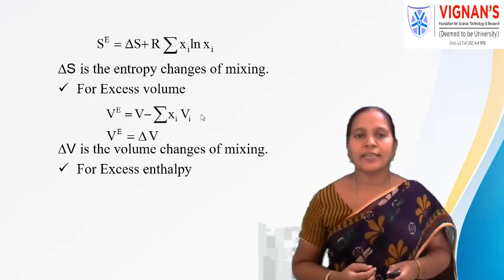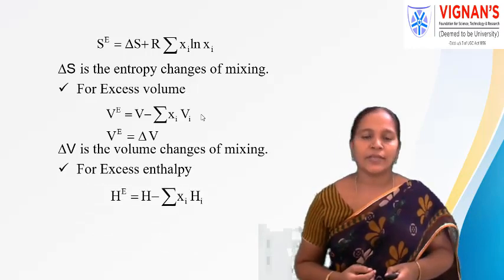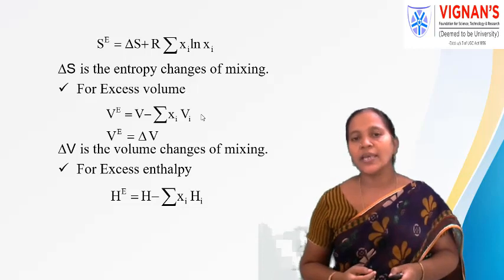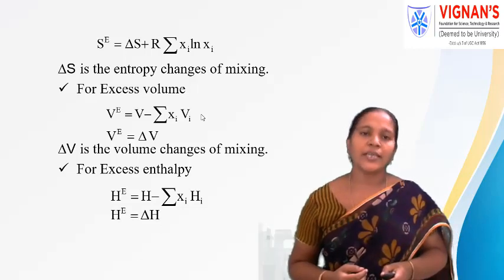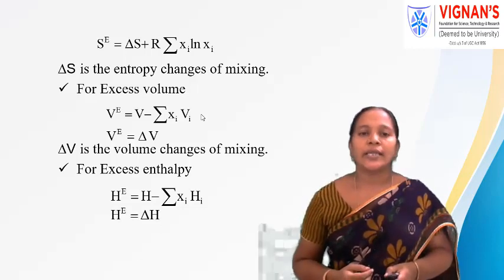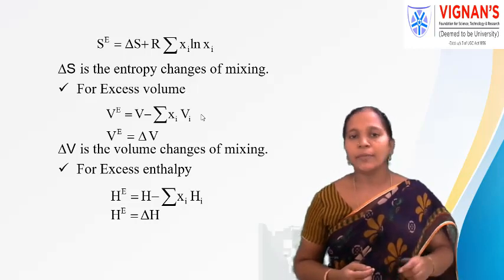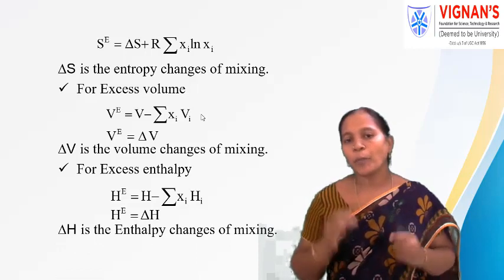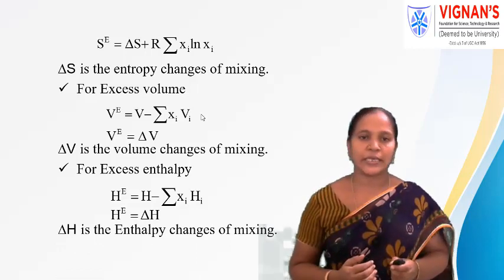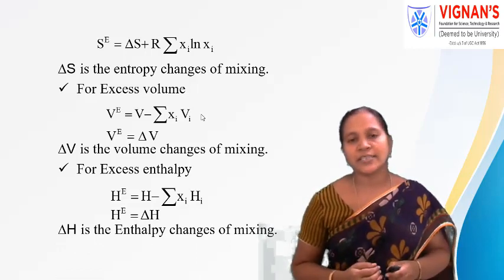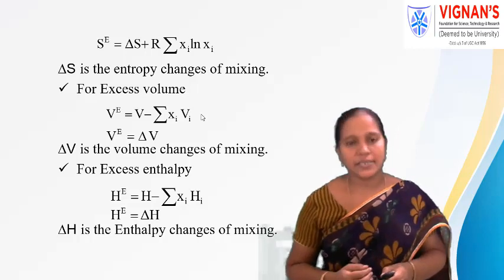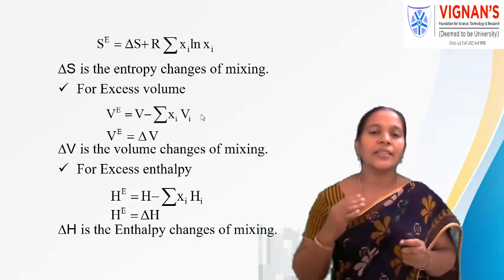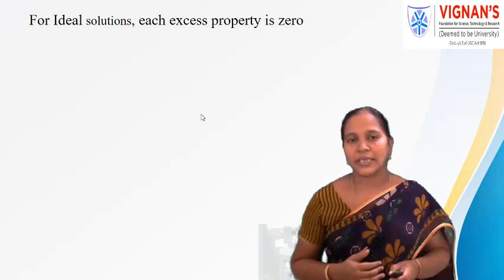For excess enthalpy, HE is equal to H minus sigma xi Hi. Therefore, HE is equal to delta H, where HE means excess enthalpy. Delta H comes from property change of mixing, which is equal to H minus sigma xi Hi. Here delta H is the enthalpy change of mixing.